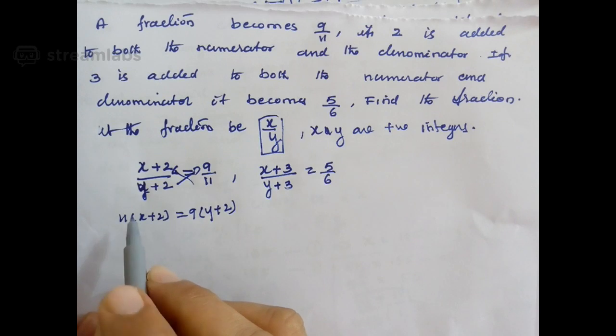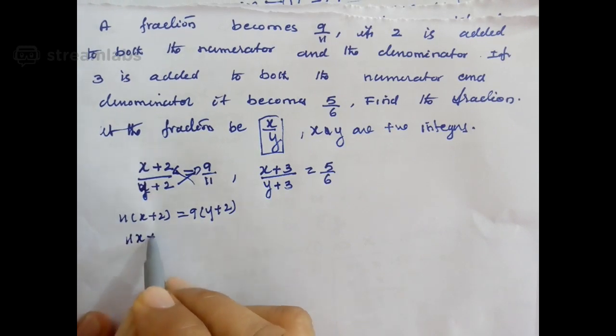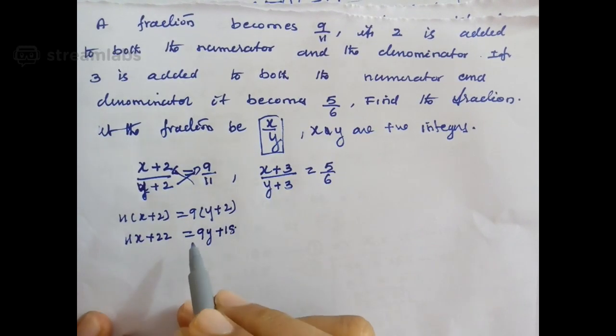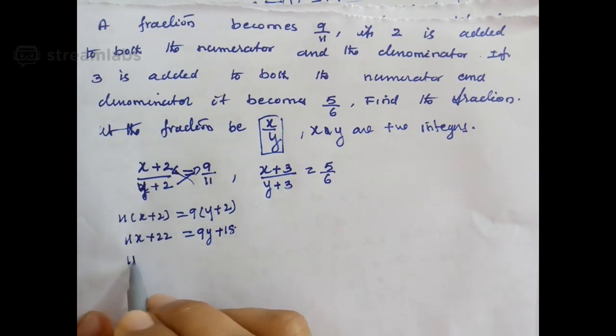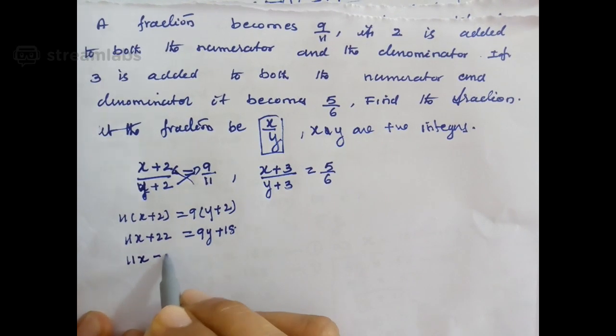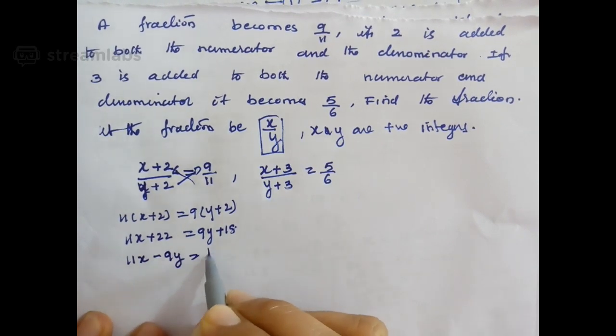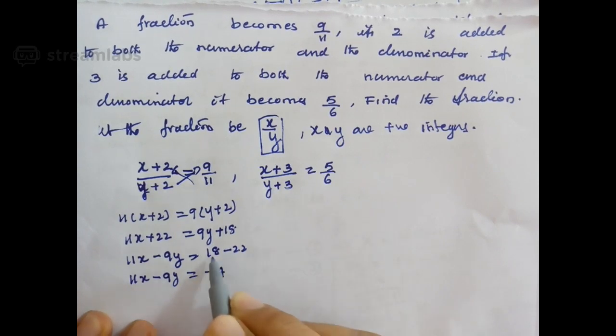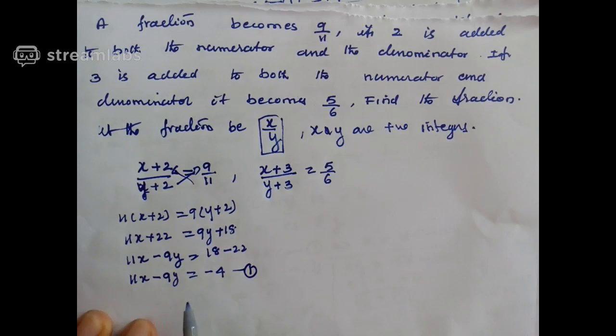That is 11x plus 22 is equal to 9y plus 18. Then 11x minus 9y is equal to 18 minus 22, that is minus 4. This is equation number 1.